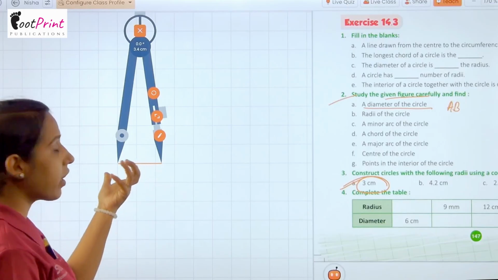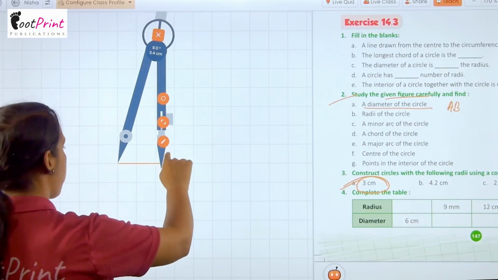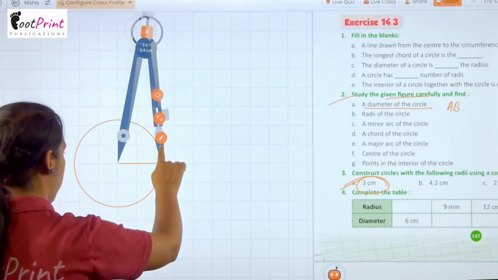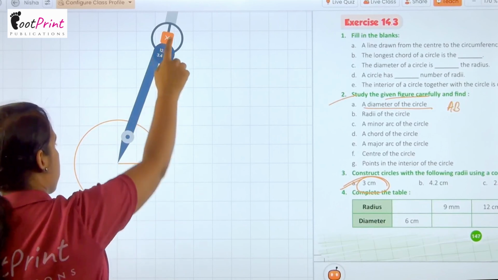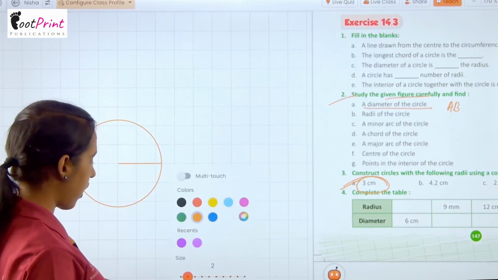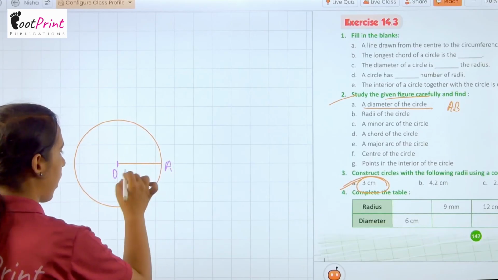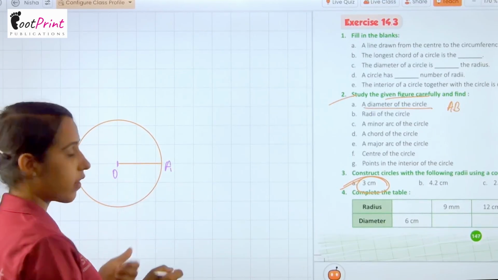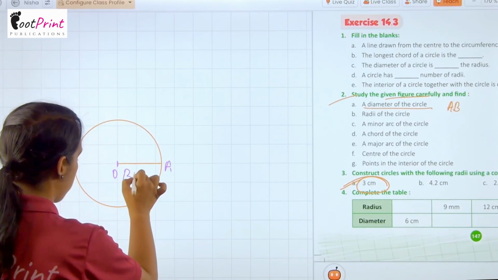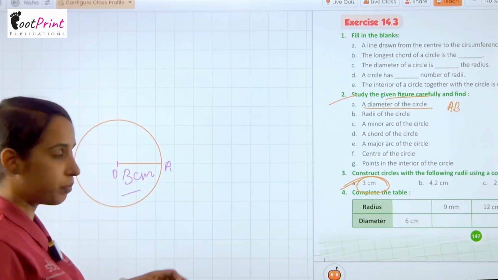And then we open the compass and move it in this way. That makes a circle here. And we can write here point O, A, and OA, that is the radius, is equal to 3 centimeter.